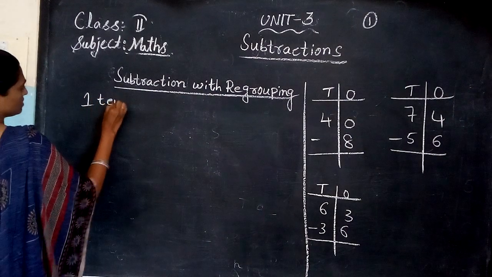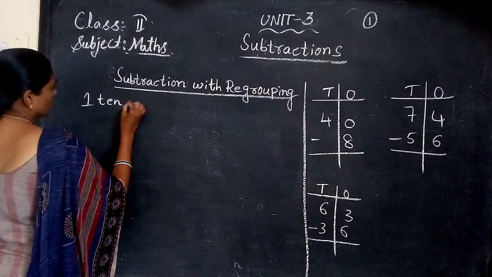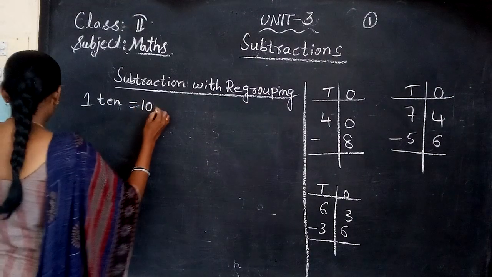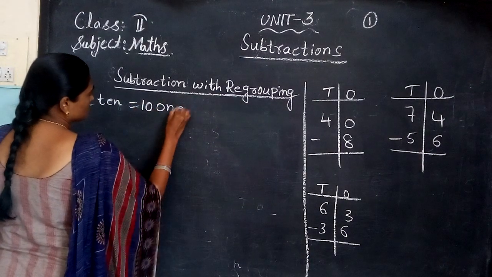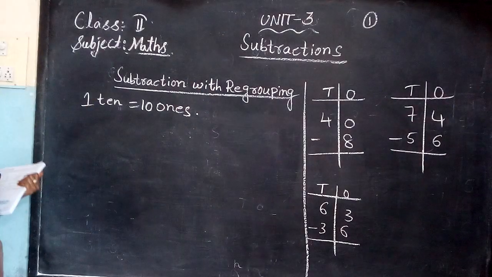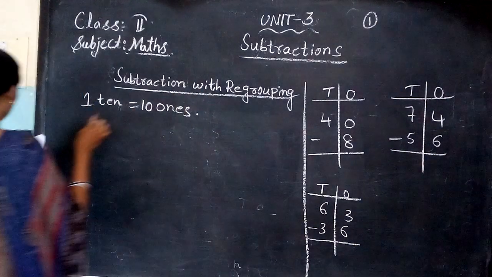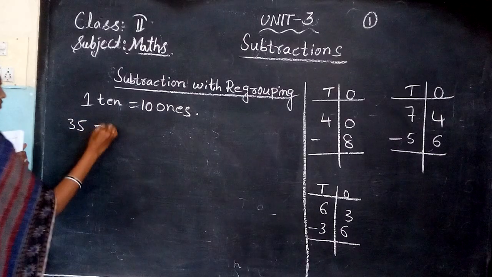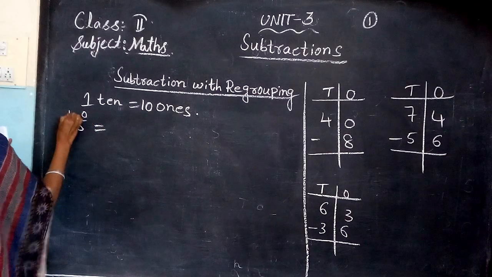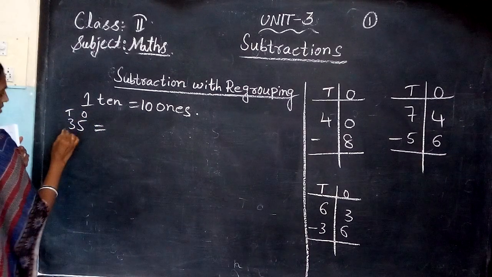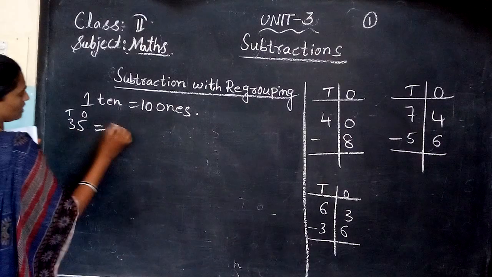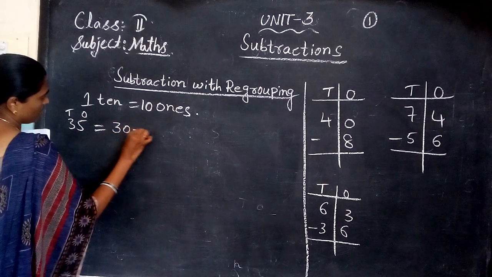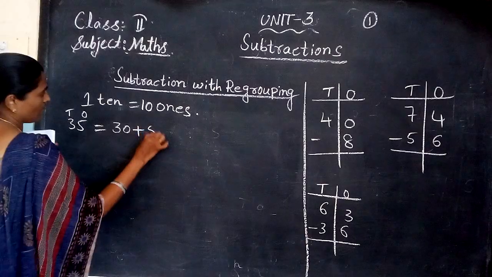1 tens is equal to 10 ones. Yes, here in subtraction we don't have enough ones to do. Example: 35 is there. We have to expand the number into ones and tens. In the tens column, 3 is in tens, so 3 into 10 is 30, and 30 plus 5 is in the ones place, so 5.